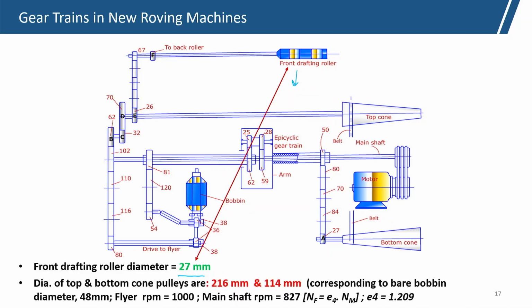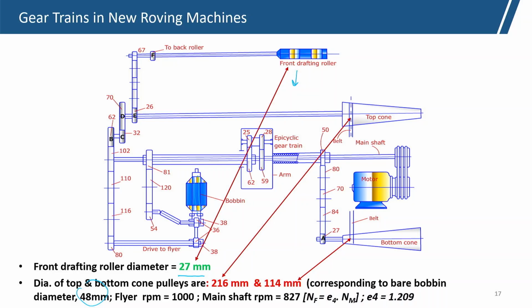The drafting roller diameter is 27 millimeter. The diameter of the top cone pulley at the starting point is 216 millimeter, and the bottom pulley is 114 millimeter, corresponding to the bare bobbin diameter, which is 48 millimeter. 48 millimeter is the empty bobbin diameter.